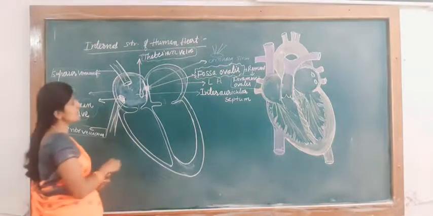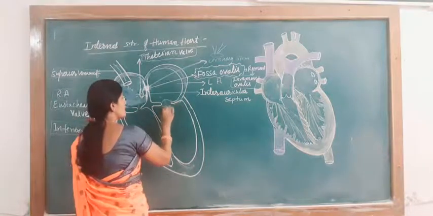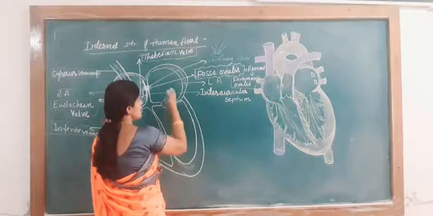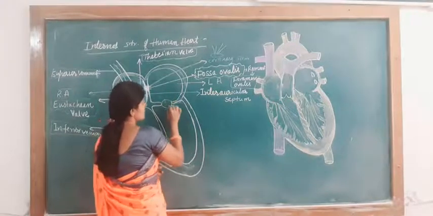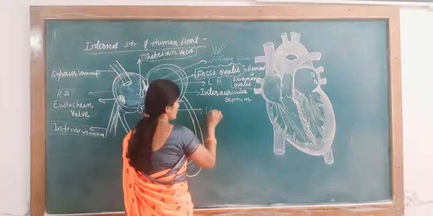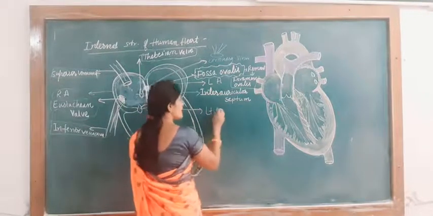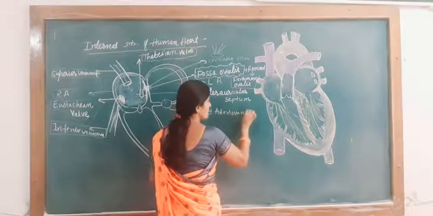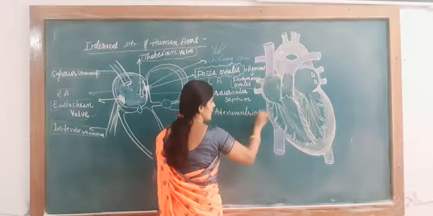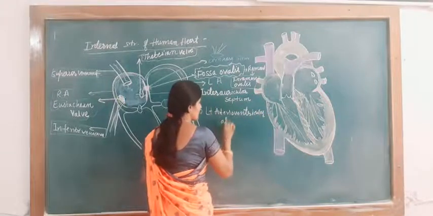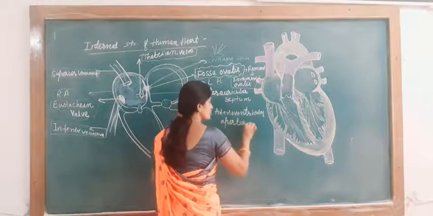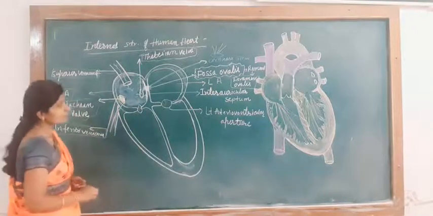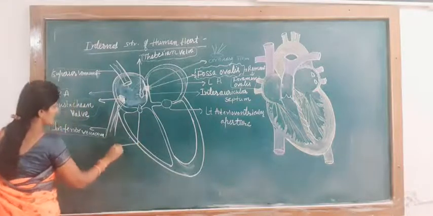This is the left side, so it is called the left atrioventricular aperture. And this is the right atrioventricular aperture.